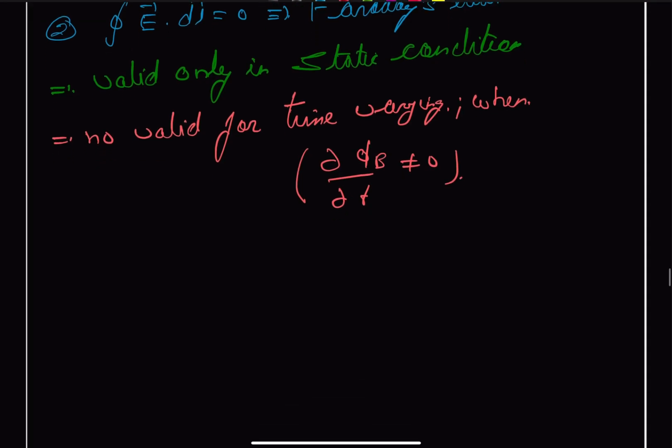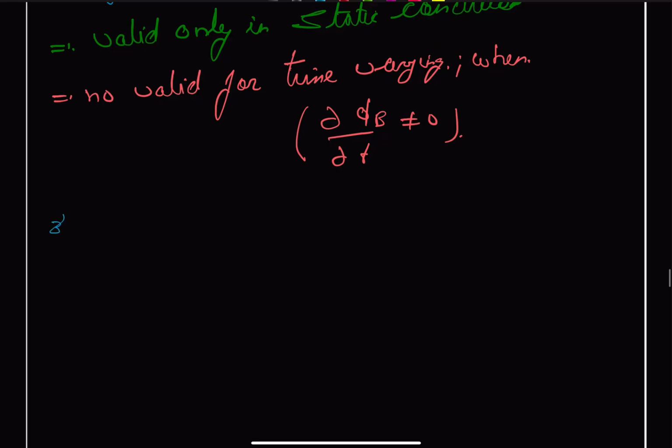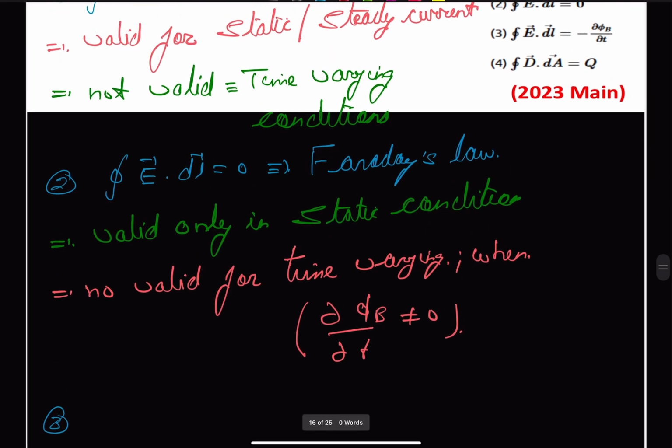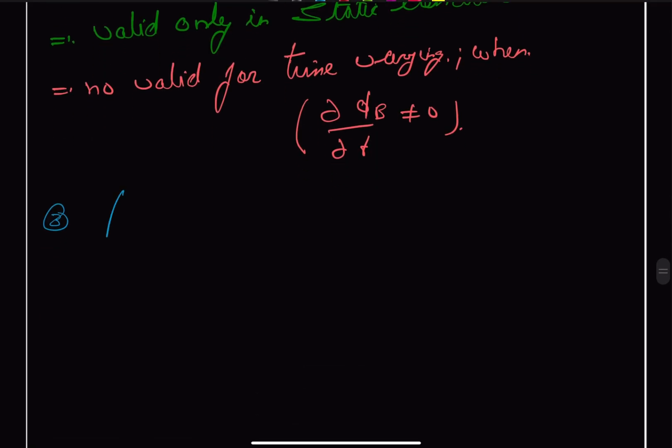And we come to option 3, which gives us the closed integral of E dot dl is equal to minus the partial derivative of the flux with respect to time.